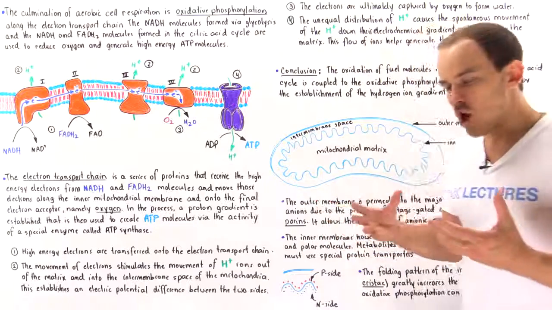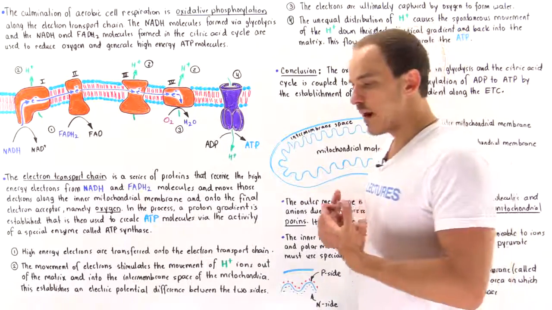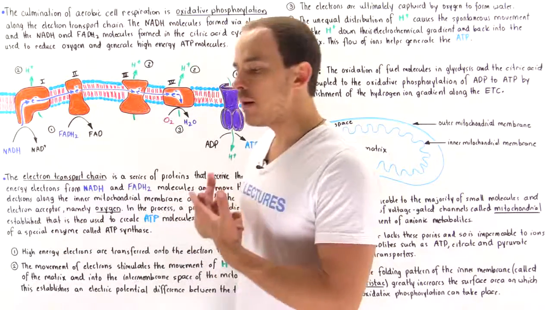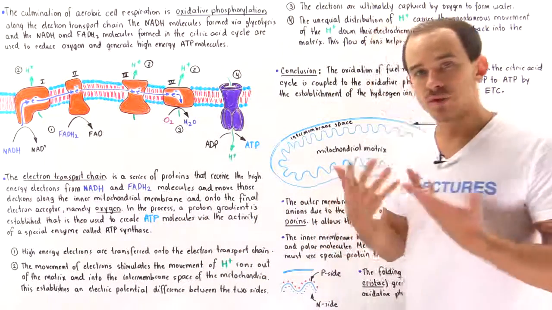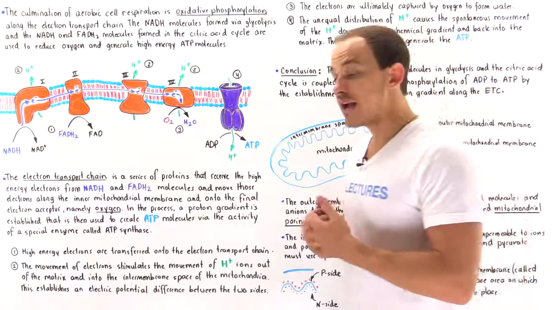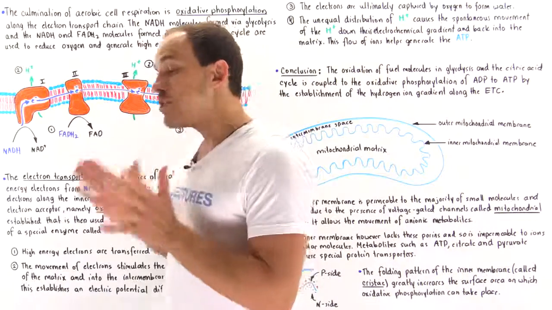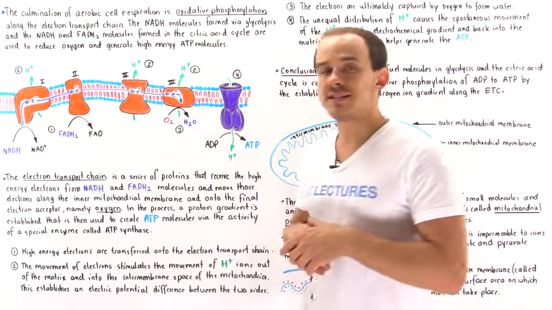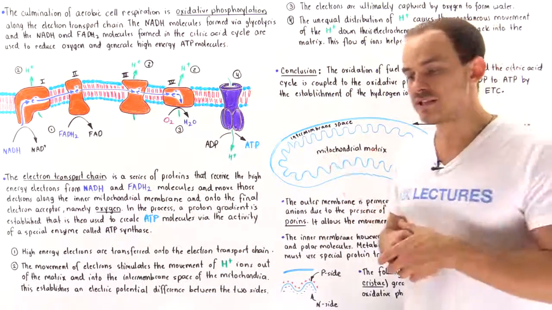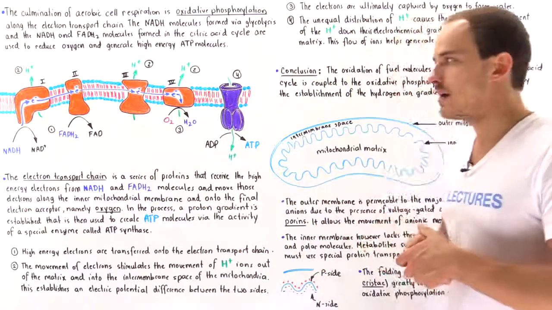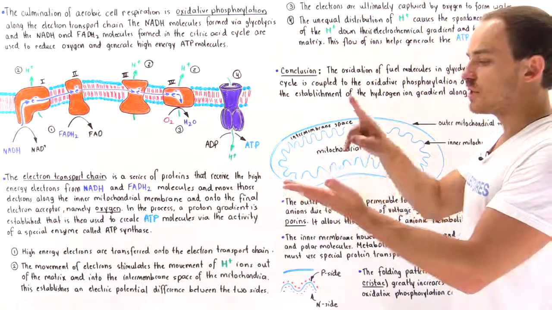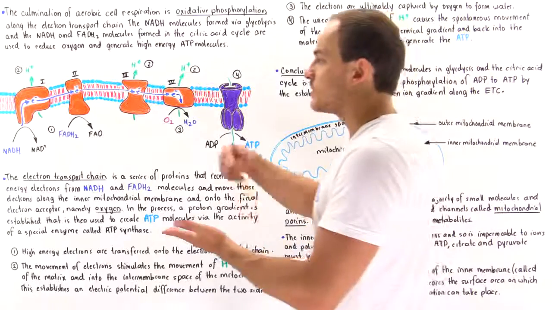And in the matrix, we prepare the pyruvate molecules for the citric acid cycle by a process called pyruvate decarboxylation. So we form acetyl coenzyme A molecules. And those acetyl coenzyme A molecules are then moved into the citric acid cycle, which also takes place in the matrix of the mitochondria.